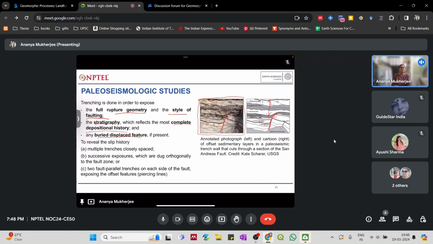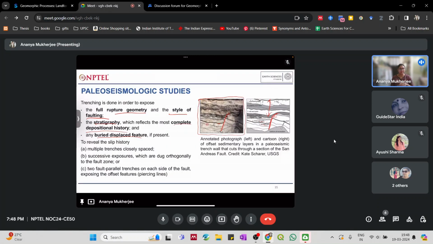And two fault parallel trenches can also help us in identifying the offset of the features. Okay, so maybe one part was not disturbed and one part was disturbed, so we can compare them and try to see what was the direction of the slip, and try to find the slip history that is associated with the fault that we are trying to study.